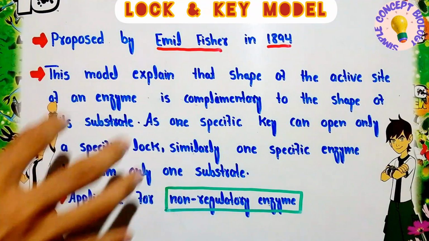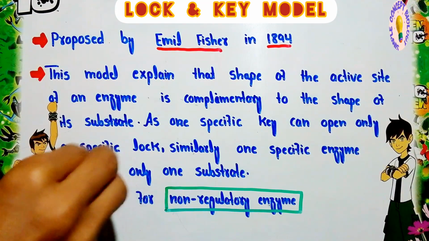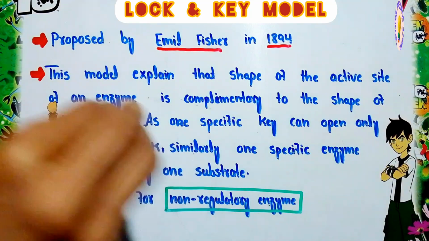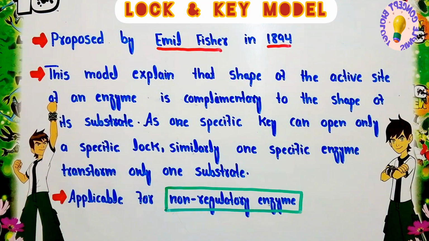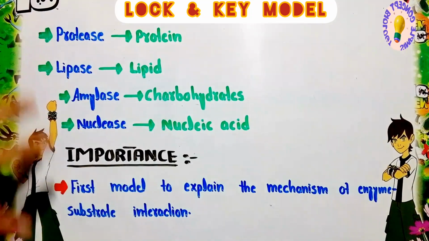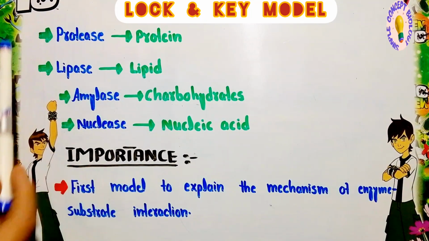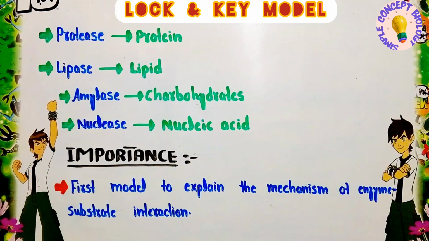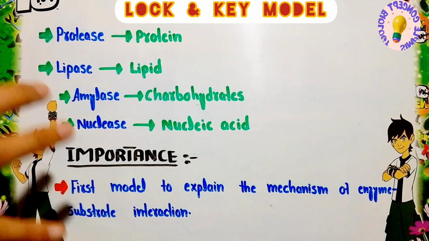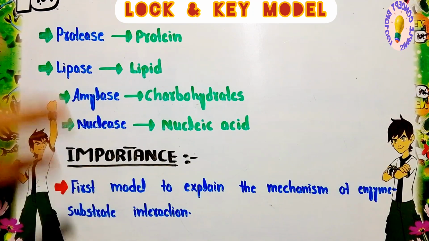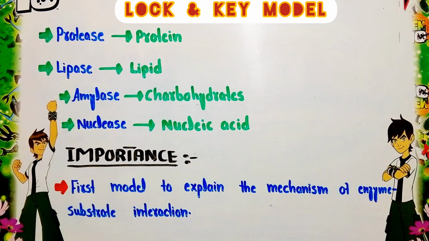We will take examples so that you will understand what a non-regulatory enzyme is. Here are some examples of non-regulatory enzymes: protease, lipase, amylase and nuclease. The non-regulatory enzyme is an enzyme that has a specific activity or which acts only on a specific substrate.